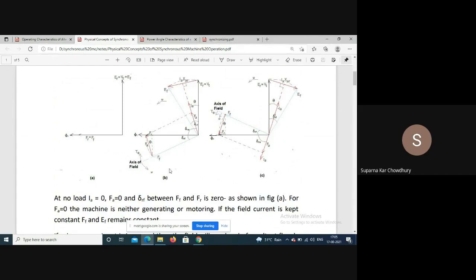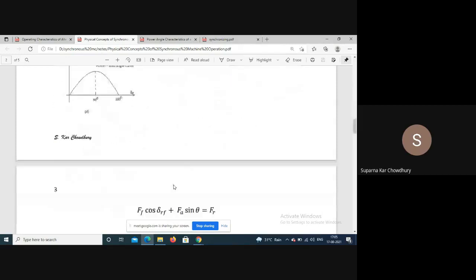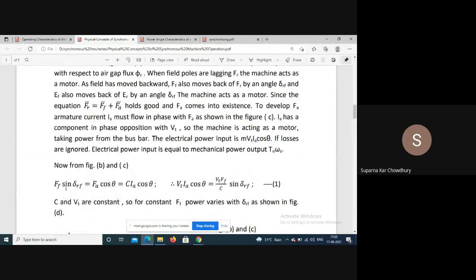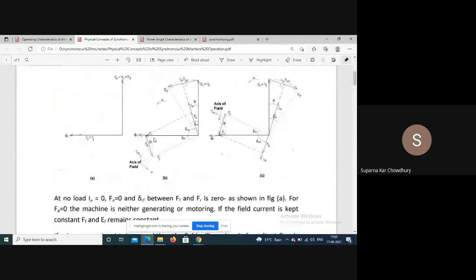So if we change the excitation, the FF magnitude will change. Now what is the equation? FF sin del RF is equal to FA cos theta. If we look into this triangle, this is FF, this is FA.